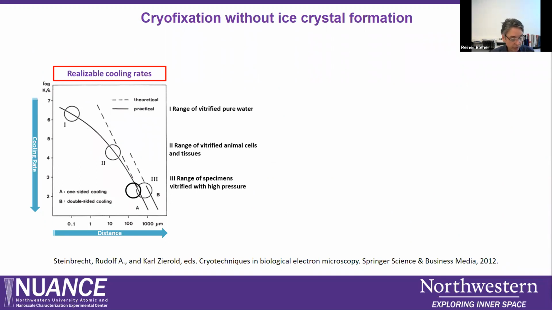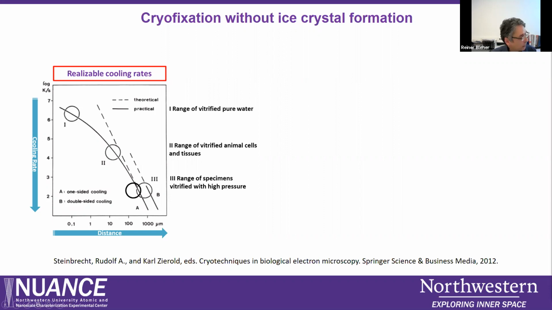Usually it's more than 50%. And also liquid water is the most mobile component in biological systems. The main task of cryofixation, therefore, is to keep the water at the same place it occupies at room temperature. And this requires either very high cooling rates or the application of pressure during freezing.